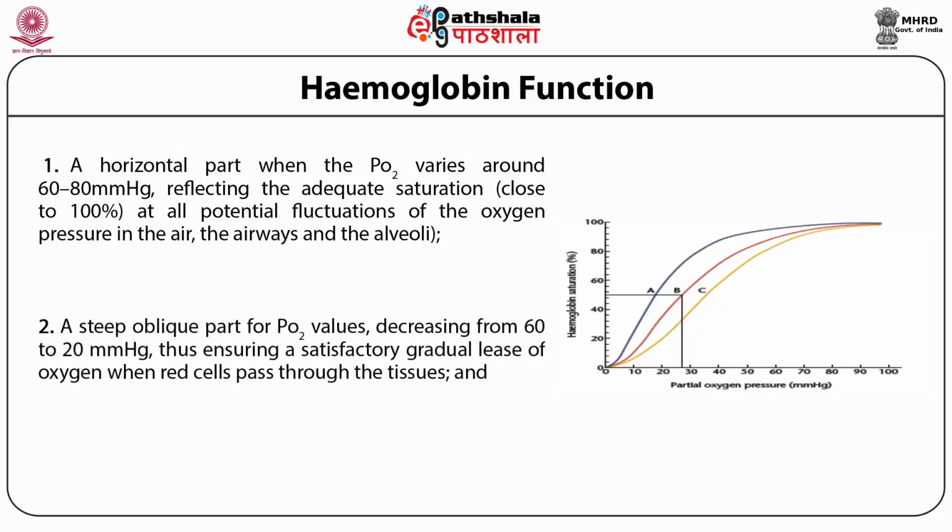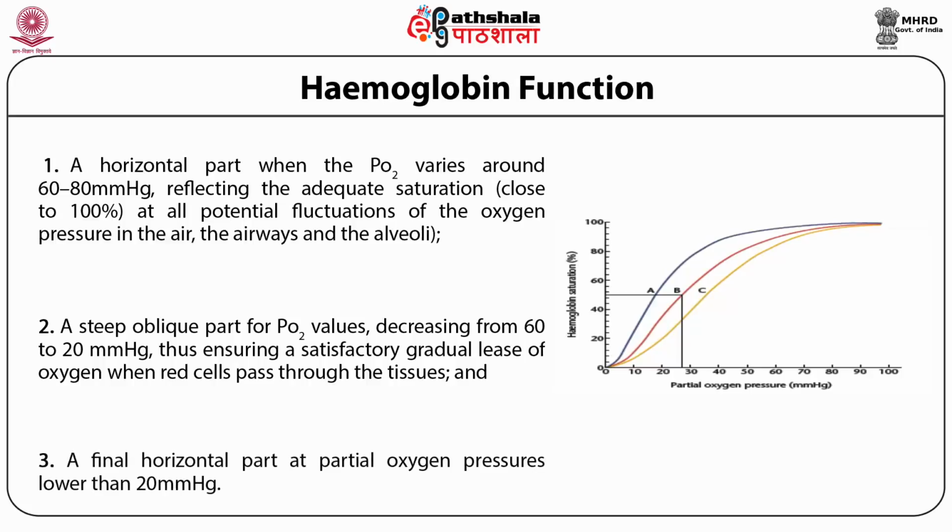A steep oblique part, with PO2 values decreasing from 60 to 20 mmHg, ensures a satisfactory gradual release of oxygen when red cells pass through the tissue. And lastly, the final horizontal part is at partial oxygen pressures lower than 20 mmHg.